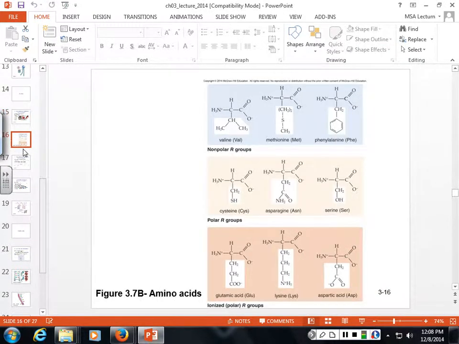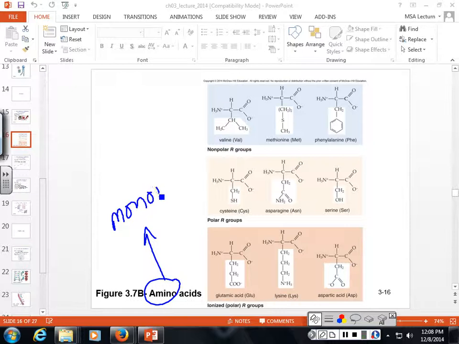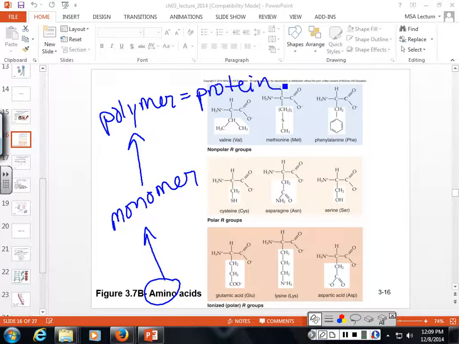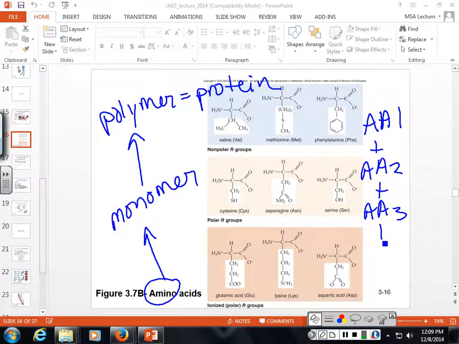Here are some of the amino acids. Remember, amino acid is the monomer. So amino acid is the monomer, and when you link them together, you make a polymer, which is called a protein. So if I take amino acid 1 plus amino acid 2 plus amino acid 3, and I get out protein A. What type of reaction is responsible for adding monomers together to make a polymer?